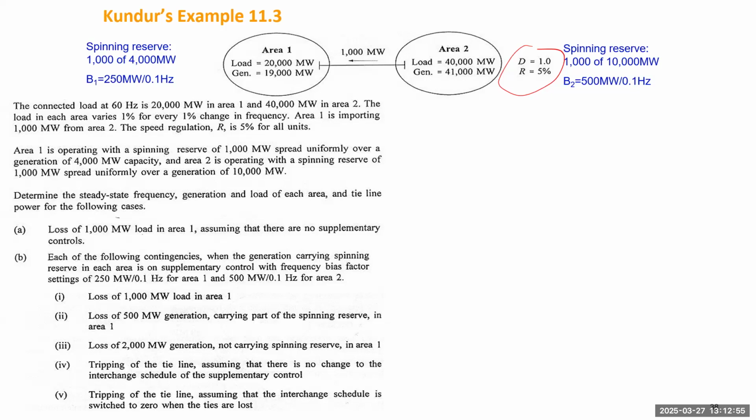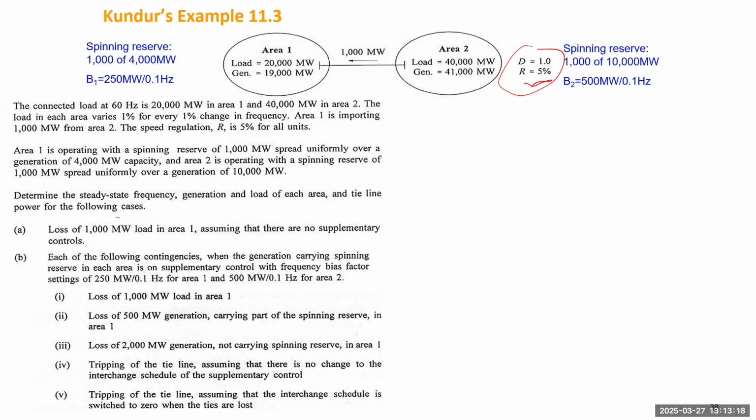But you can always translate what I just said into units, like how much frequency change in hertz will cause how much megawatt change, to be more convenient for calculation. Similarly, R takes 5%. 5% also is based on per unit value.